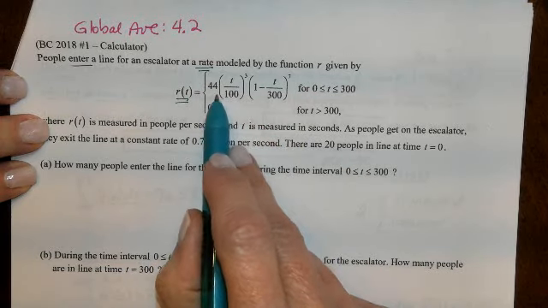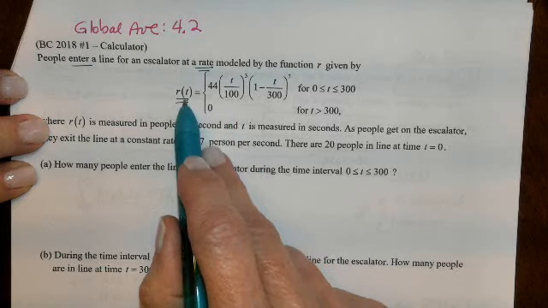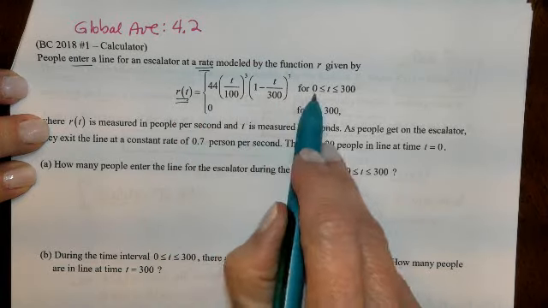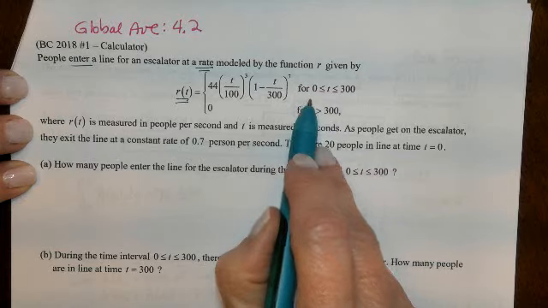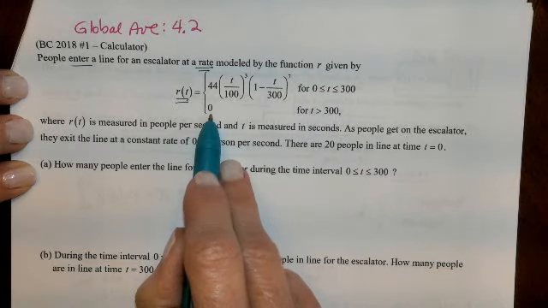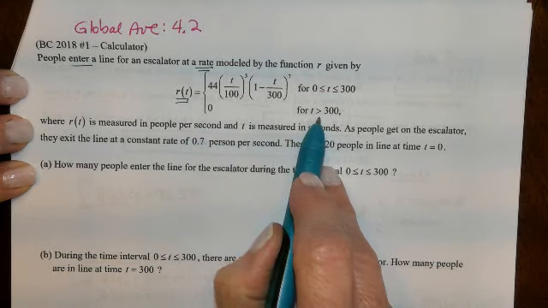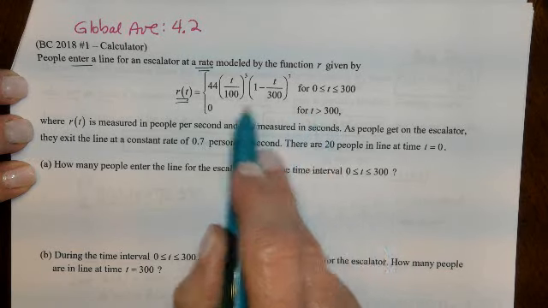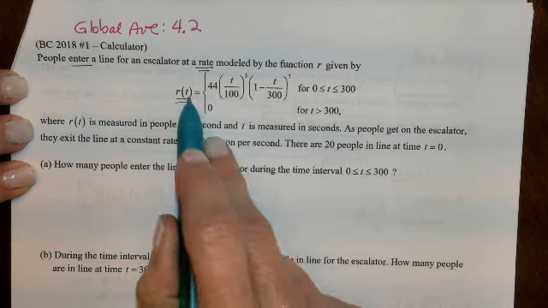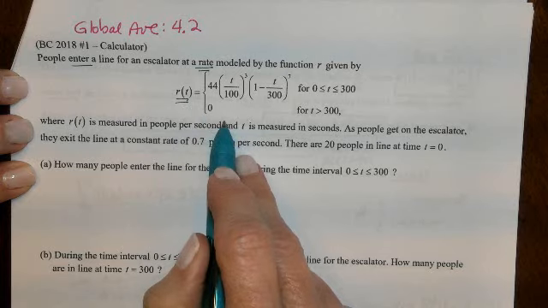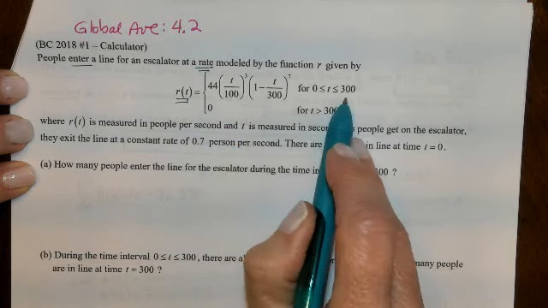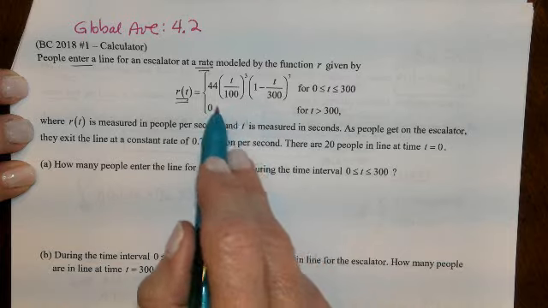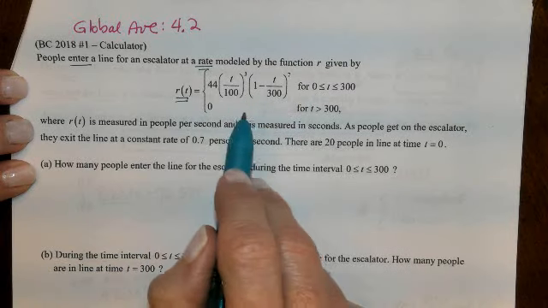The rate of getting into the line for the escalator is this equation for this time, and the rate is 0 for time greater than 300. Turns out those are in seconds. So after 300 seconds, the rate is 0. Between 0 and 300 seconds, this equation models the rate that people enter the line.